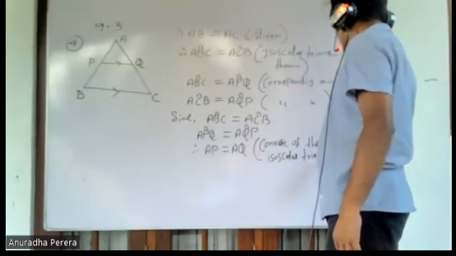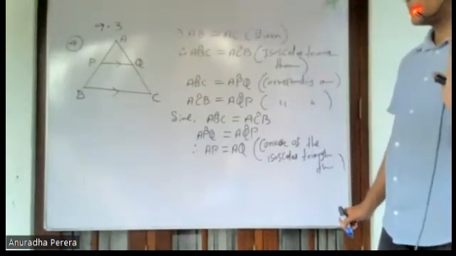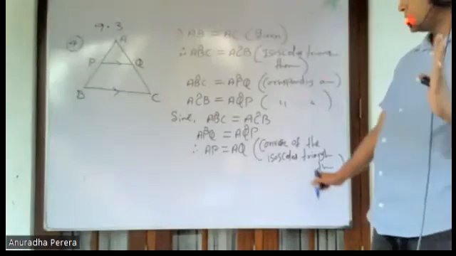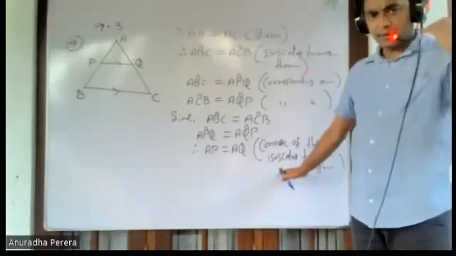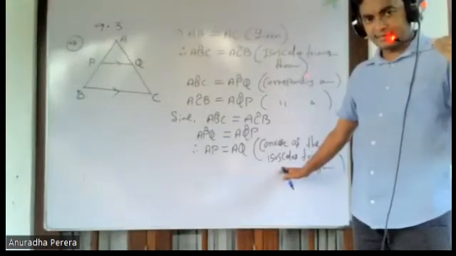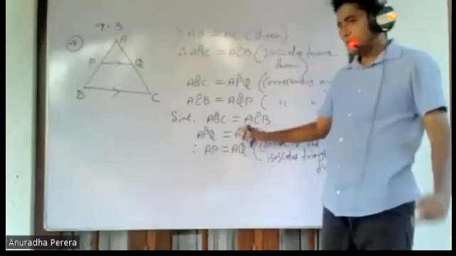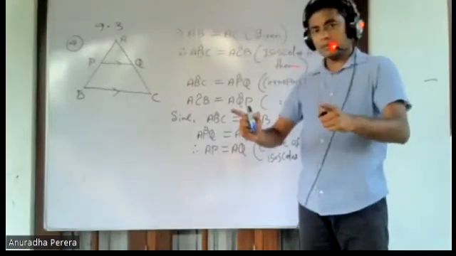Sir, can we write isosceles triangle theorem instead of converse of the isosceles triangle theorem for this one? No, this is the converse of the isosceles triangles theorem. Why? Because if two angles are equal, the sides opposite to equal angles are equal.